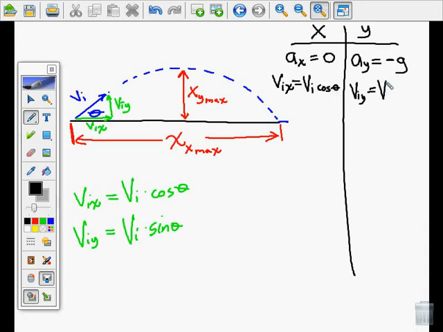Viy is equal to the whole initial velocity times sine of theta. And then our two unknowns, we're trying to figure out how high the object goes and how far it goes. So x x max is a question mark, and x y max is a question mark.